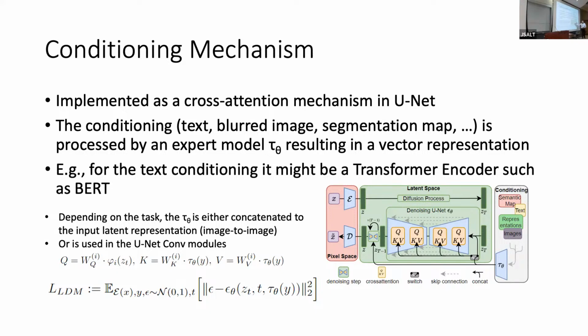So you inject your condition here via, let's say, the cross-attention mechanism, right? And of course you learn the projections into your key, value, and query space end to end as you go.